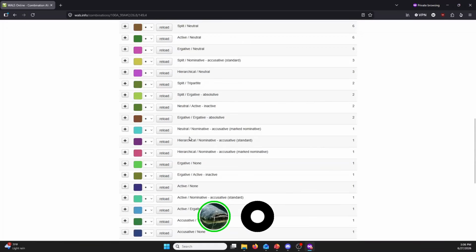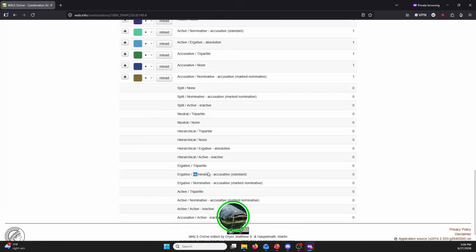You'll see here, there are actually no languages listed as having ergative verbal alignment but nominative accusative case marking. This is that gap that I was talking about before, that it's hypothesized that you only get one direction but not the other. It's weird, and how are we going to account for that? Is that something that you account for in your model of language?